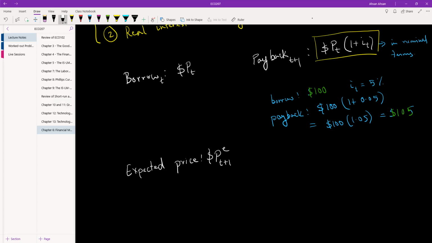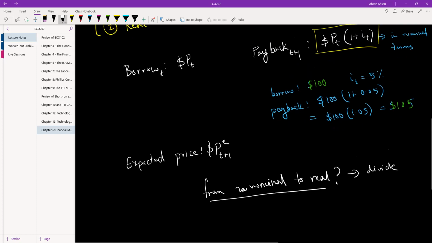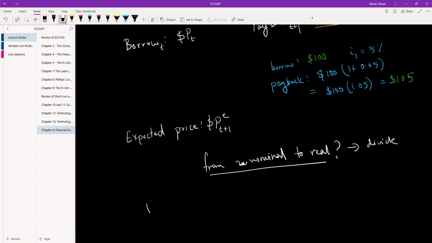So remember, how do we go from nominal to real? We divide by inflation, right? So what I'm going to do is to calculate payback in real terms.